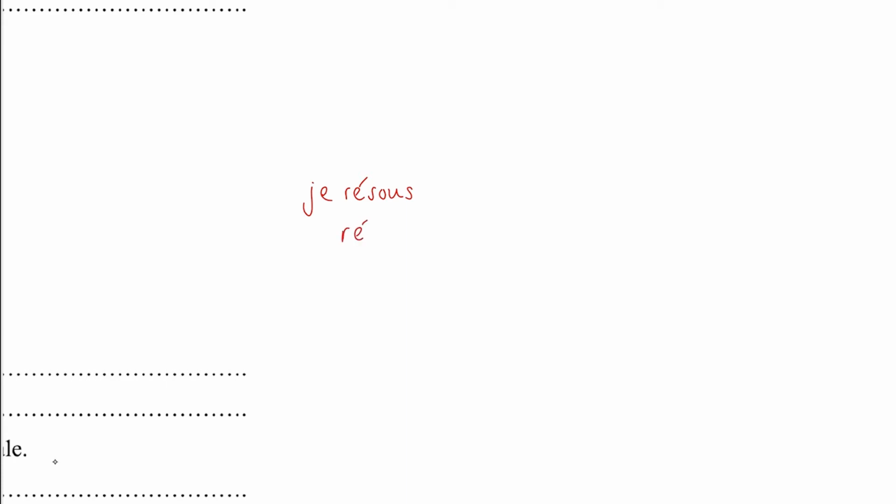Je résous, tu résous, il résout, nous résolvons, vous résolvez, and ils résolvent. It's not even a boot verb, it's just a kind of straight down the middle split.